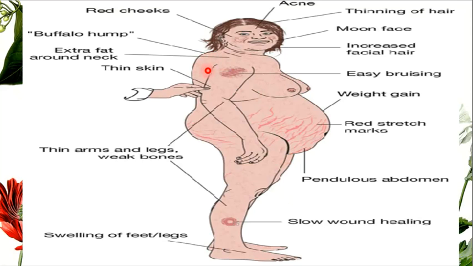You remember cortisol causes lipolysis, and all the fat gets accumulated over here, causing a buffalo hump. There will be wasting of the muscles in the limbs. The skin will be so fragile and stretched that red marks appear and it can bruise easily, because the glucocorticoids, the cortisol, is not letting the skin develop properly.